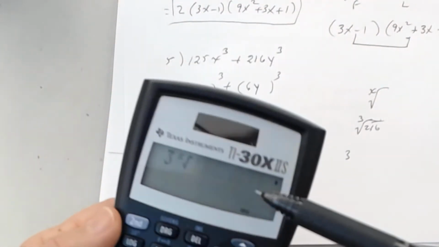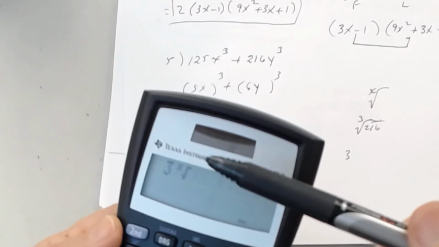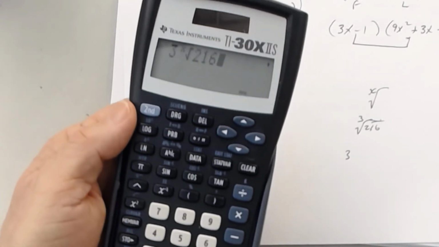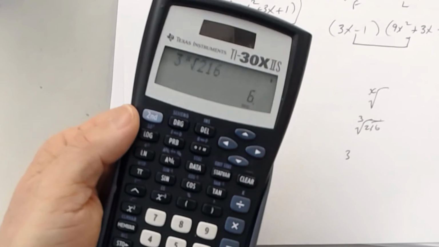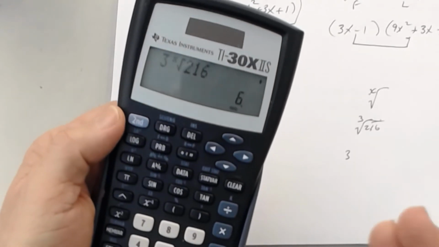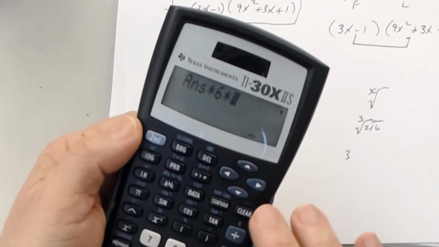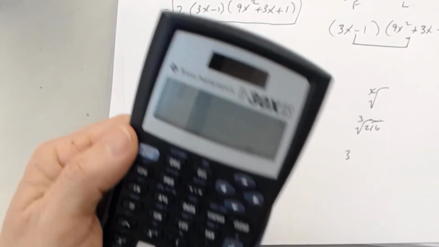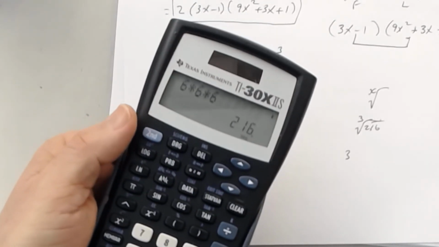It looks like this. Then I want to take the cube root of 216, so you type in 216, press equal, and you get 6. And if you multiply 6 by itself 3 times, 6 times 6 times 6, you should get 216. Okay?